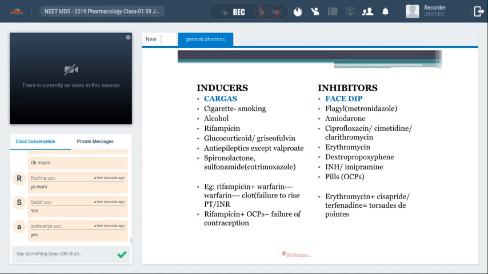So can anybody tell me what is the consequence for the second drug? If this smoking will induce the metabolism, what will happen to the second drug? Induce metabolism means faster breakdown. So what will happen?